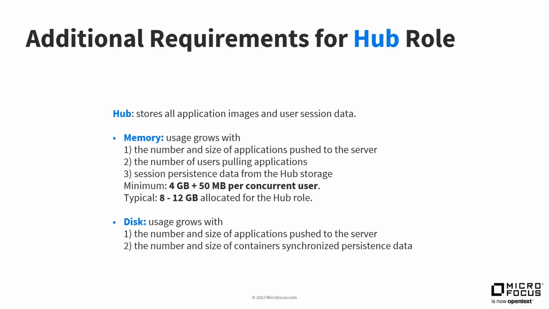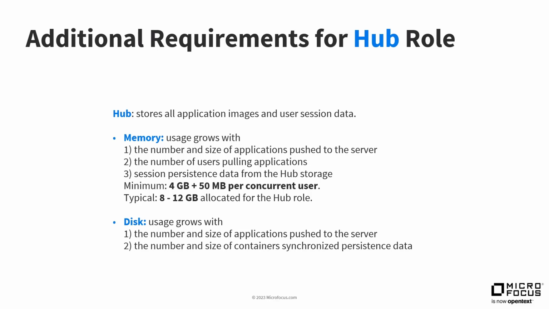What that means is that your memory will grow with the number and size of applications pushed to the server, as well as the number of users pulling applications from the server at the same time. It will also grow with the session persistence data that is stored on the hub server.